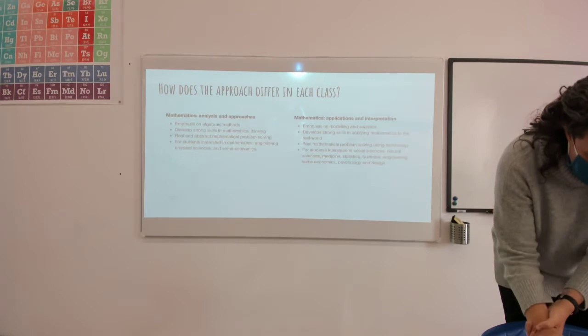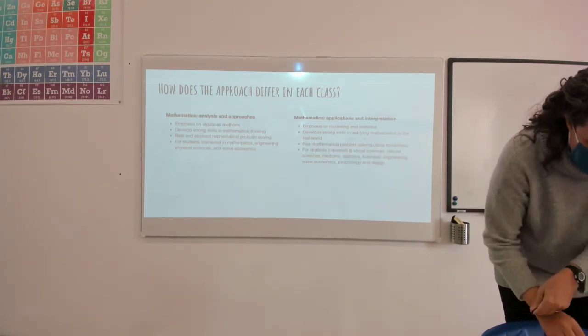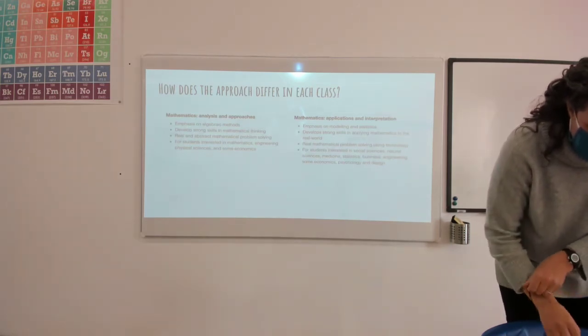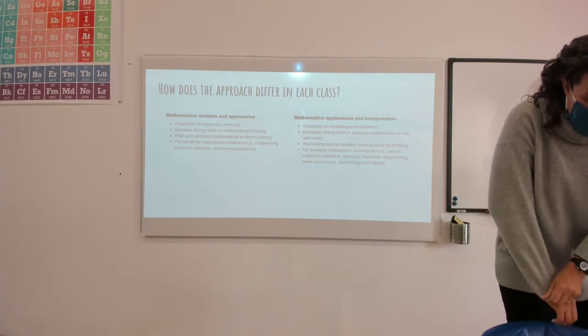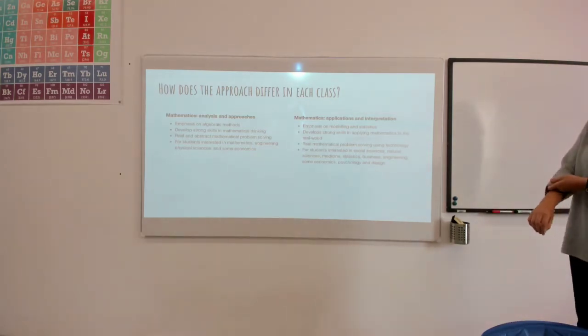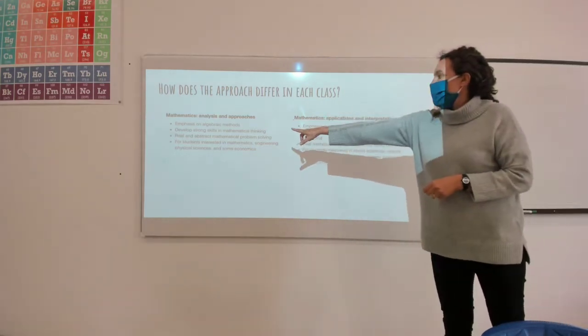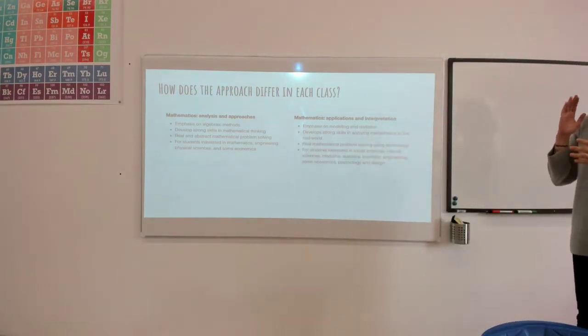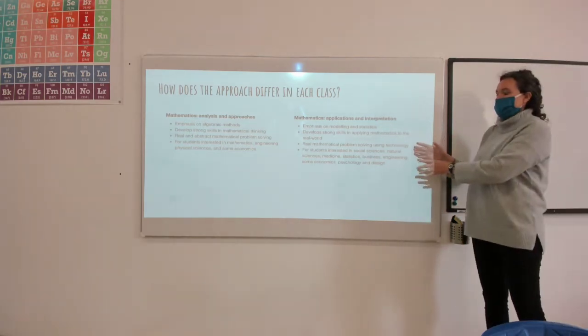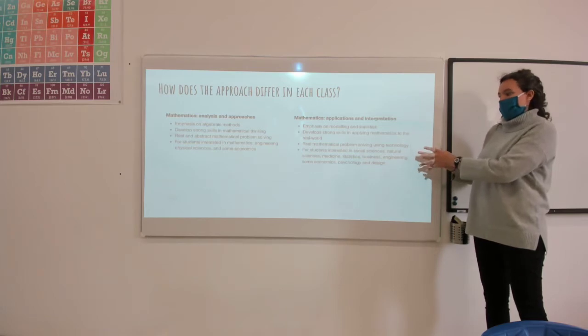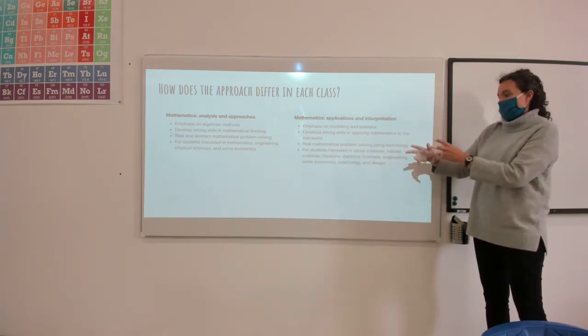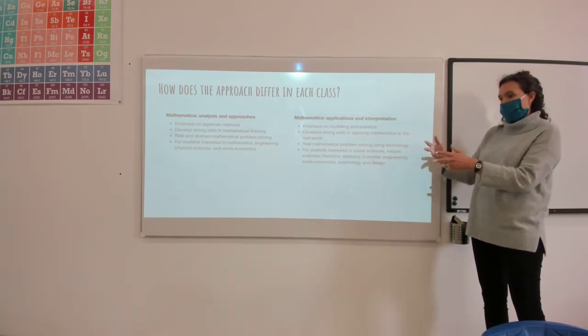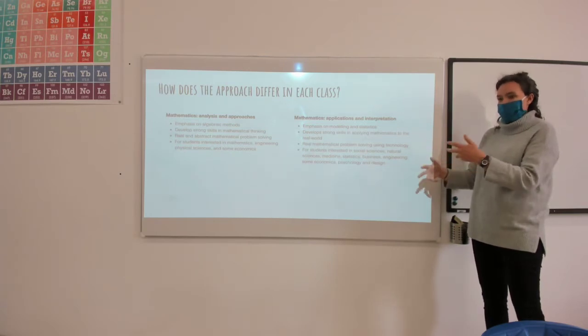So, how does the approach differ? I don't expect you to read all these words, but one of the main takeaways is if you are doing analysis and approaches, you're someone that's going into a math field. You're going into math, you're going into engineering, as opposed to with applications and interpretation, you're maybe going into a social science, psychology, economics.